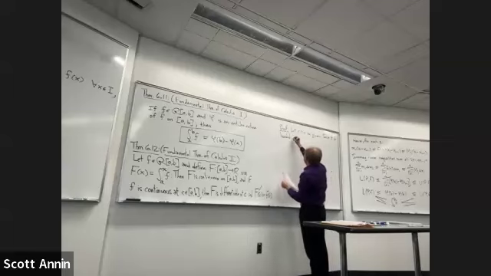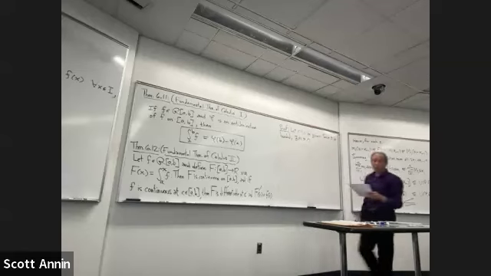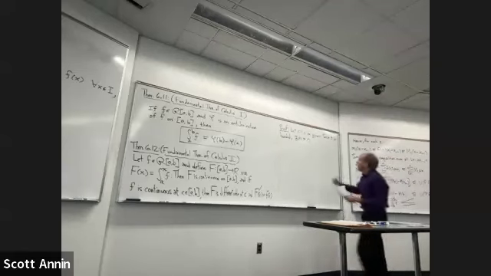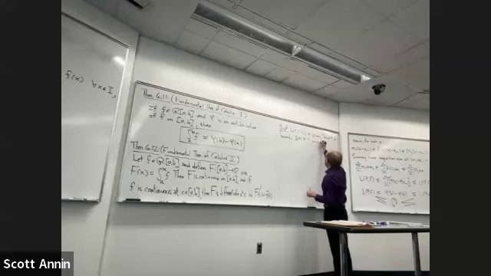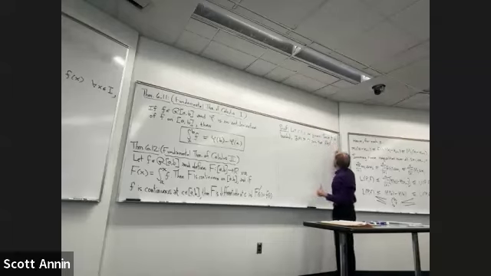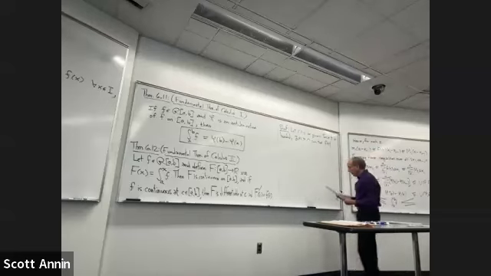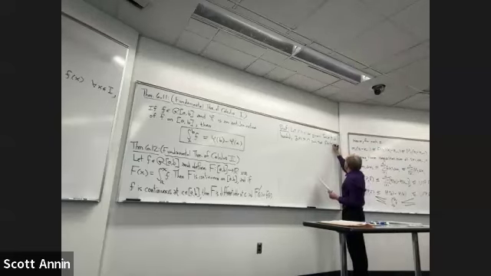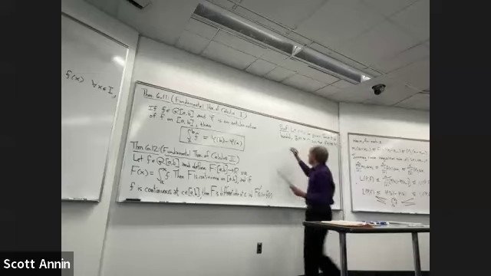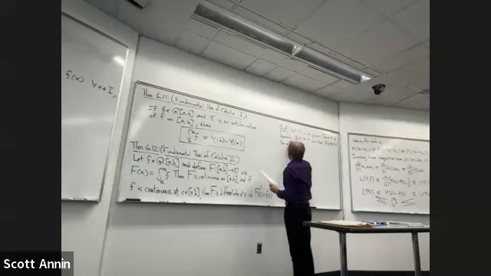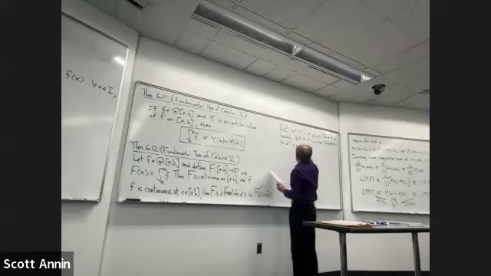So what does that mean? That means that there exists some positive number, I'm going to call it capital M, greater than 0, such that the absolute value of little f of t is less than or equal to this M for all t in the closed interval a, b.